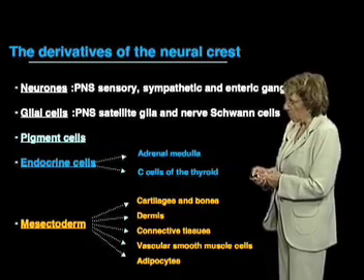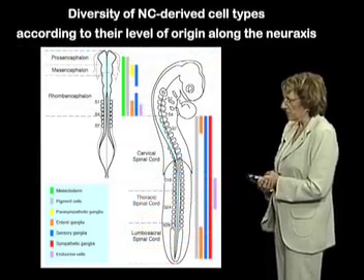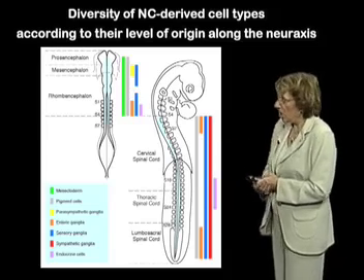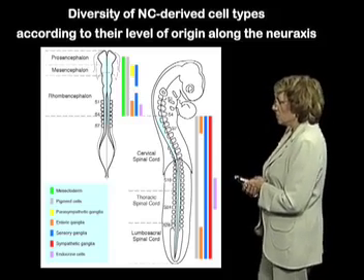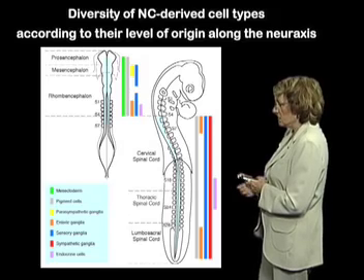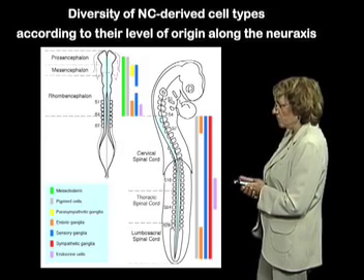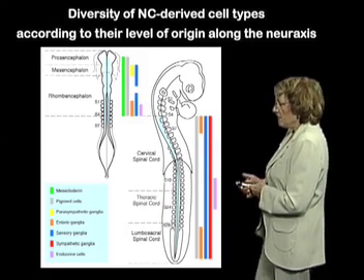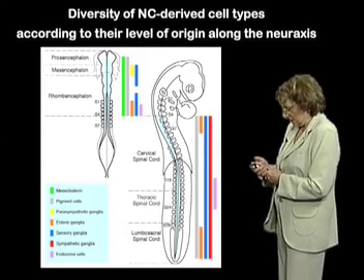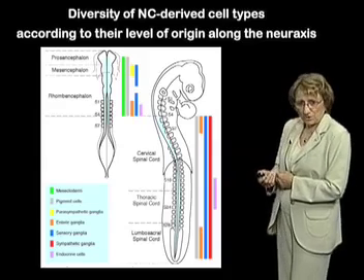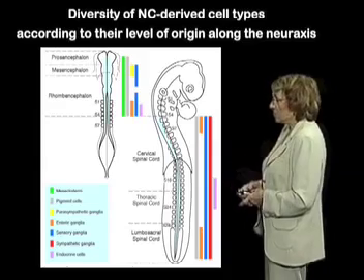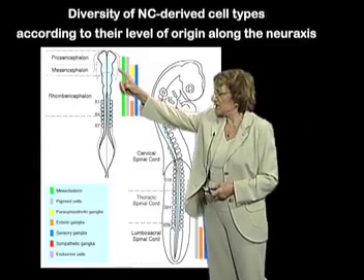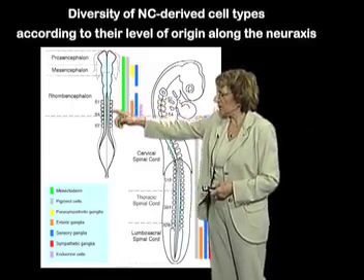In addition to this list of derivatives, for many of these cell types from our studies and studies which were done before, we were also able to distinguish from which level of the neural axis all these different cell types arise. And what is important is, as I said, that the mesectoderm arises only from the neural tube which is at the head level. That means the cephalic neural crest that you see here.